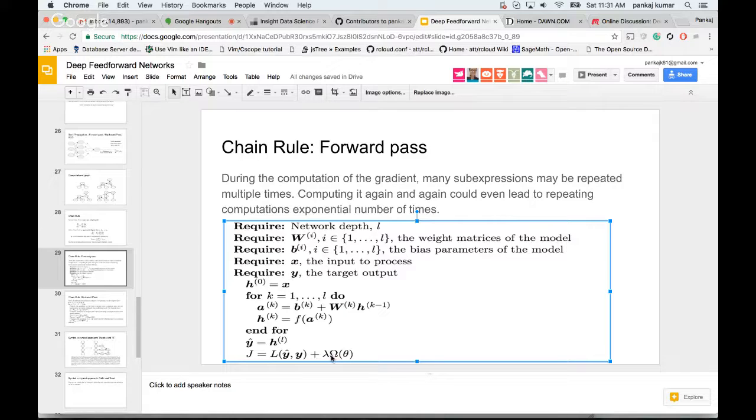And this delta is a parameter that penalizes all of them, so they don't have very big values, so we can learn better. This just goes through each layer and computes the linear output and then the sigmoid or tanh output for each layer. So this is the forward pass.